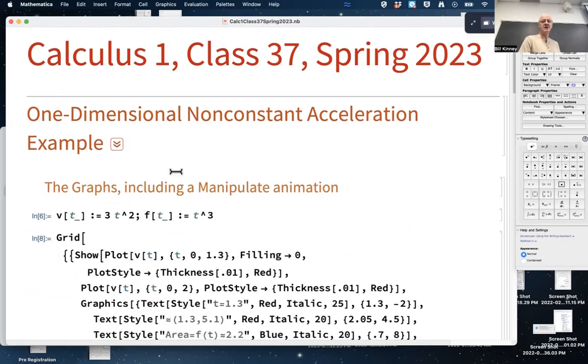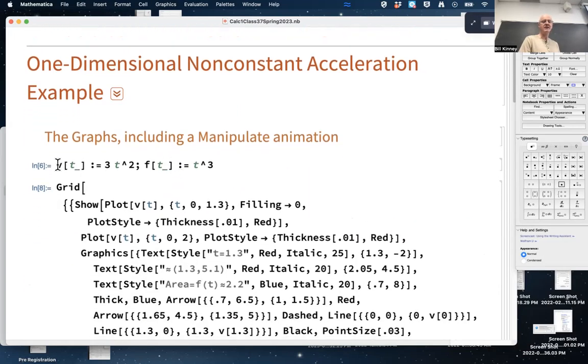So the example in this section, you could write this down if you like, is going to be one-dimensional motion. The velocity, which will be equivalent to the speed here, is 3t squared. And the integral of the velocity will be the distance traveled, f of t equals t cubed.